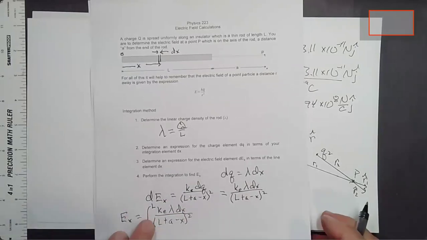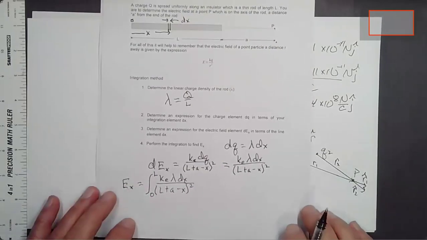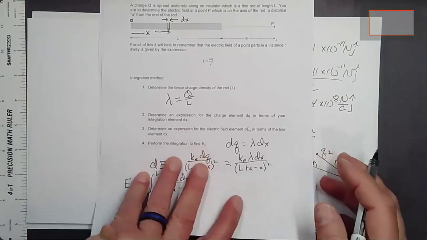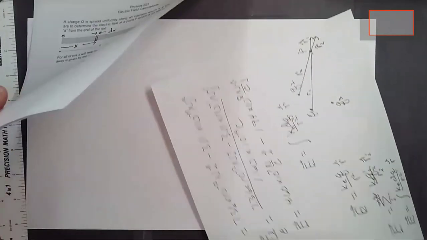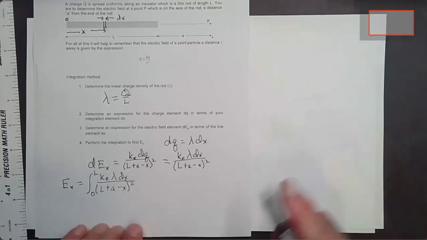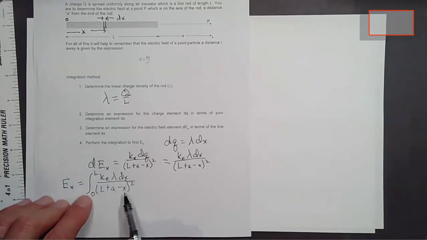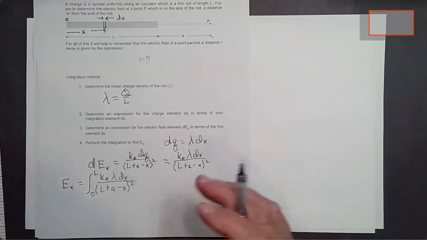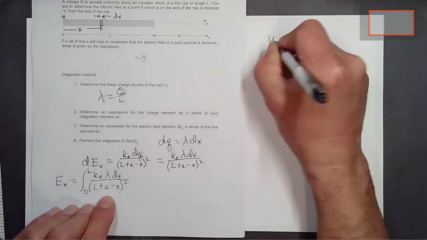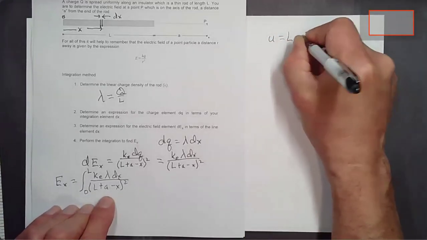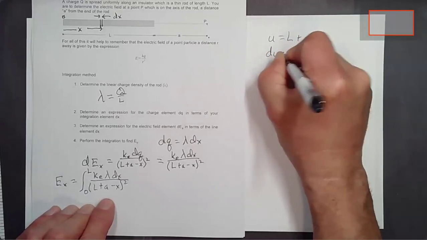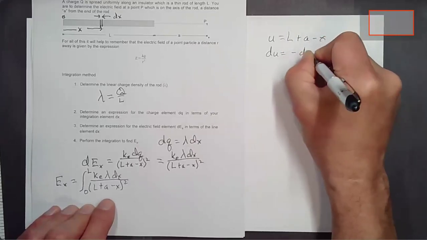I hope that's, you're going to have to slide this up to make sure you can see the whole thing. I'm probably going to run out of room, which I usually do. But one thing I'll do here, since you could look that up in an integral table somewhere, but I do my usual trick of a U substitution, and I'm going to let U equal L plus A minus x, then du will equal minus dx.